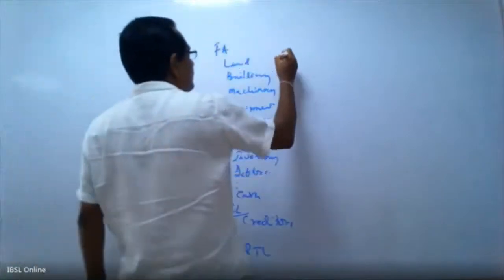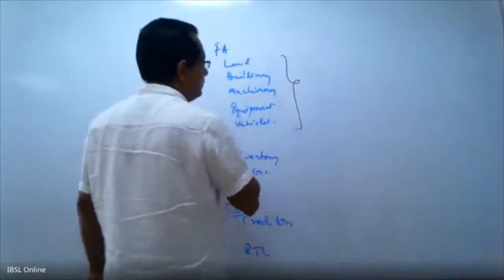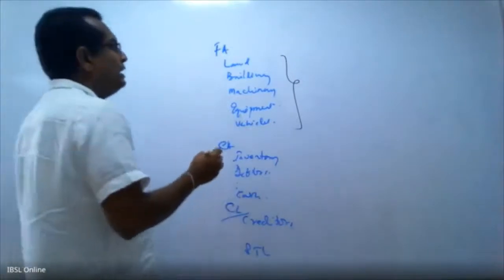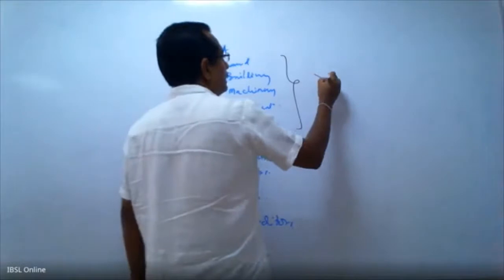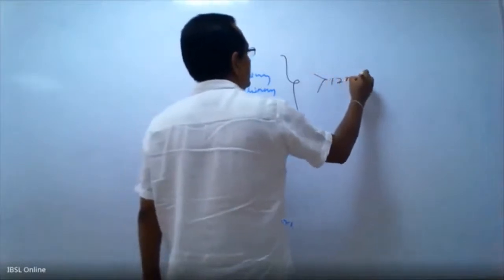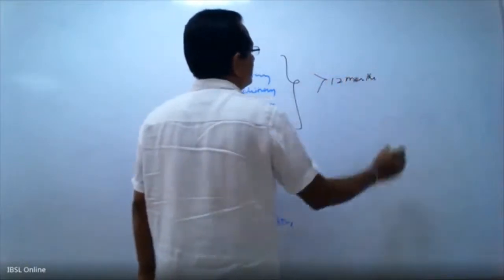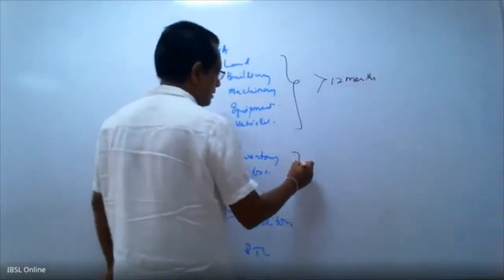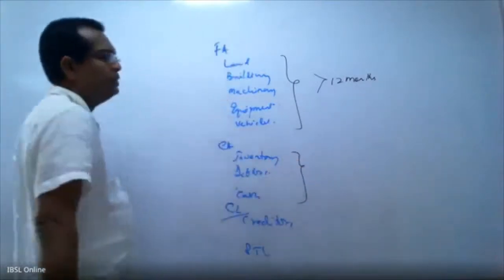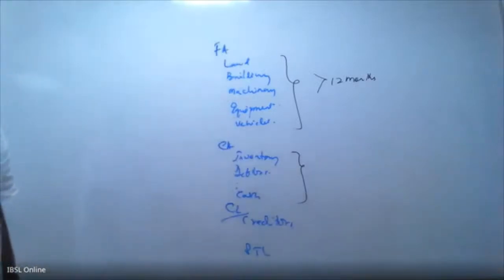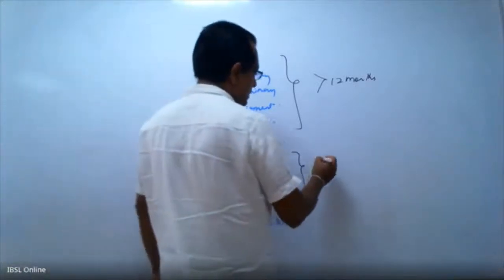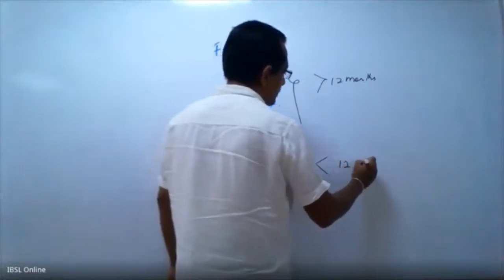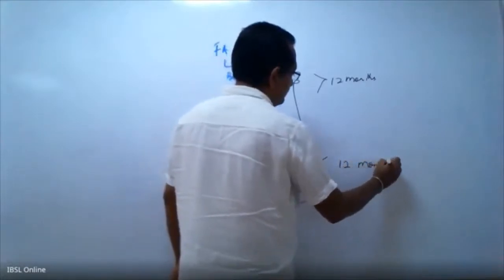These are of long-term nature, or their useful life is more than 12 months, right? Whereas these are any assets which can be converted to cash within 12 months. So that means their useful life is less than 12 months, right?